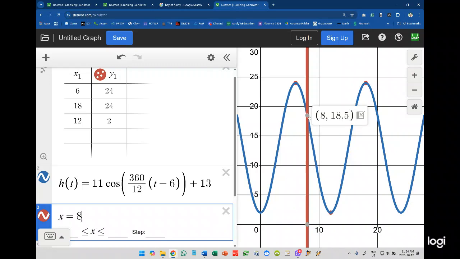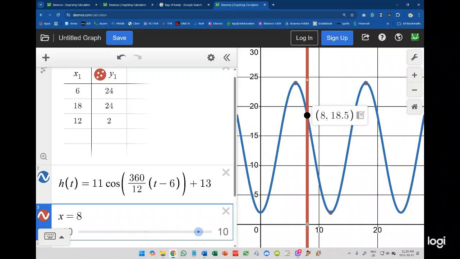So the height of the water is 18.5 meters. Technically, it's my t value. It doesn't mind it for functions, but it doesn't like where I just say t equals a number. At least I don't think it will. Yeah, it does not like that. So I'm just going to do the generic x to put that one in. But either way, the intersection between the curve and x equals 8, or the 8-hour time, tells me that the height of the water will be 18.5.